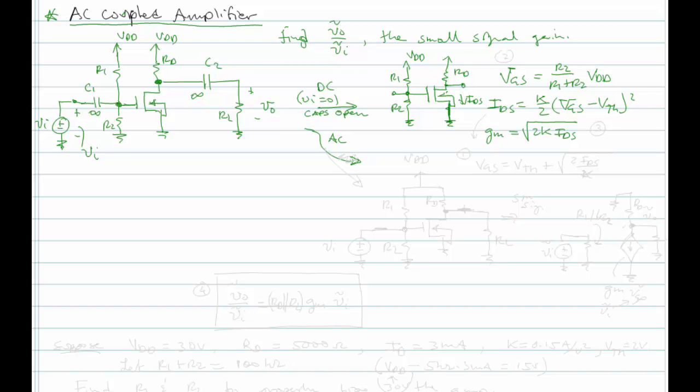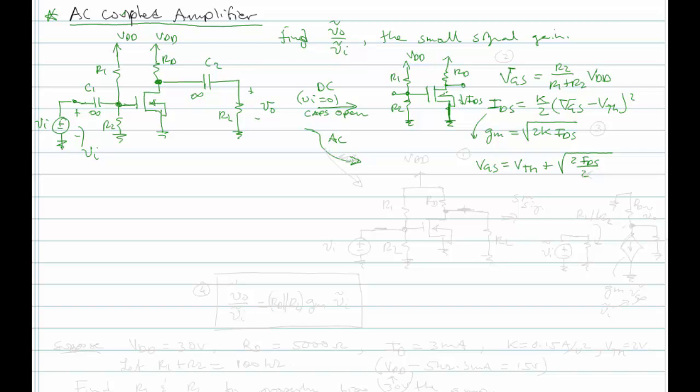We could also solve for VGS in terms of IDS, and to do that we'd use this equation here. We can write VGS as being equal to V threshold plus the square root of 2 IDS over K. Okay, we'll leave that for now.